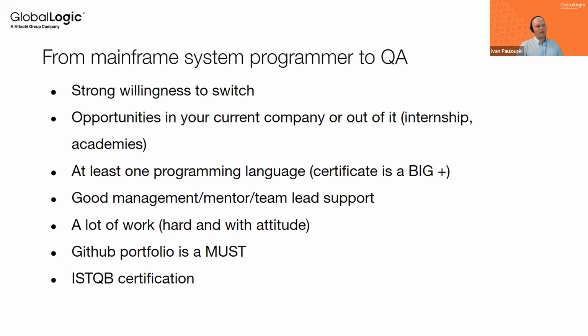It was a very interesting project, but it ended, and I decided to switch to quality assurance, because if I wanted to stay with the mainframe topic, I was bound too much to the current department and team. I really wanted to find a new opportunity. So what do you need to switch to quality assurance?